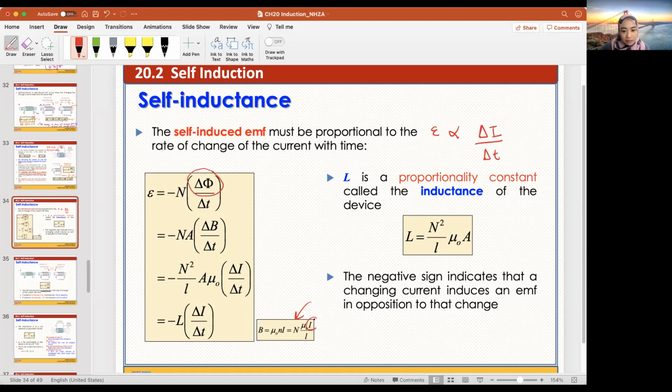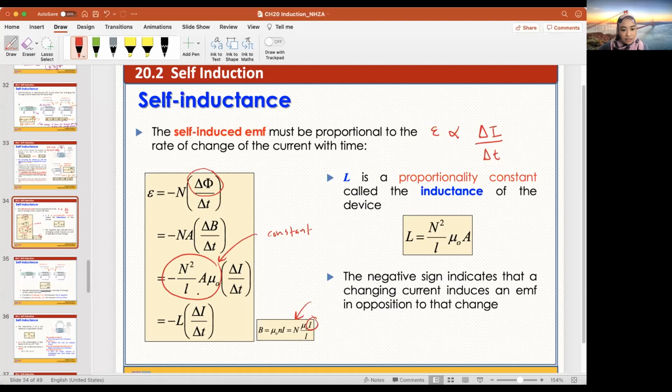We have the I here, which changes in our system. So only the I is changing. A, L and N do not change. So this part is a constant. That is why it's outside. So the only thing that changes is I over time.